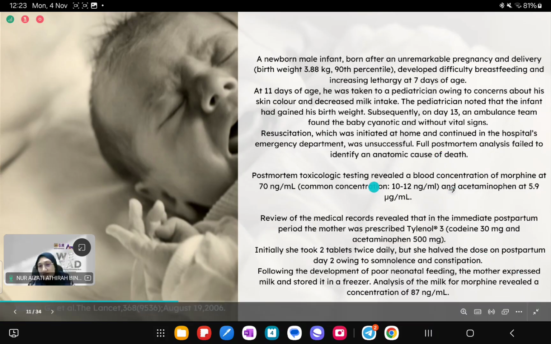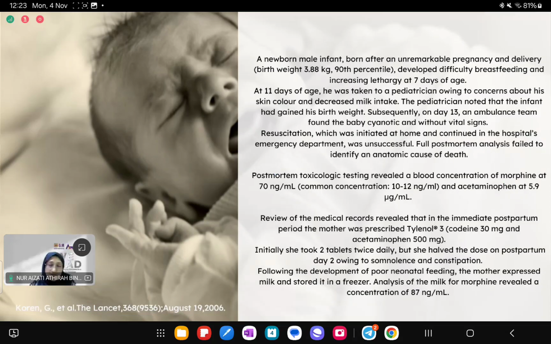That's why we see a concentration of morphine in the baby's body too. It is known afterwards, from genetic testing, that the mother is an ultra-rapid metabolizer for CYP2D6, and the mother metabolized codeine into morphine very fast. So that's why the concentration of morphine is very high at a certain time.